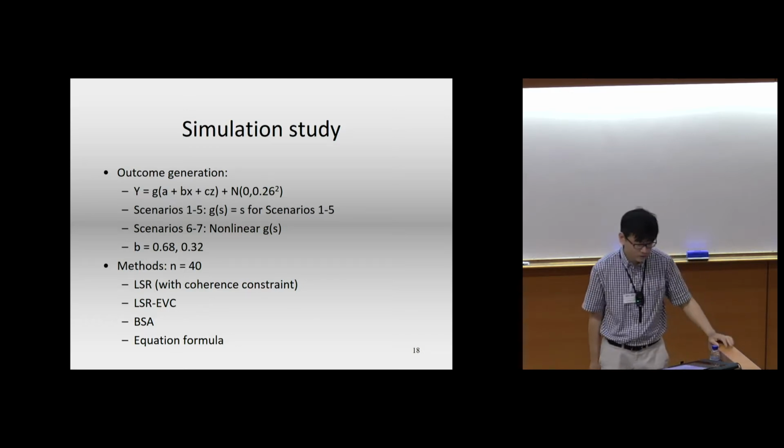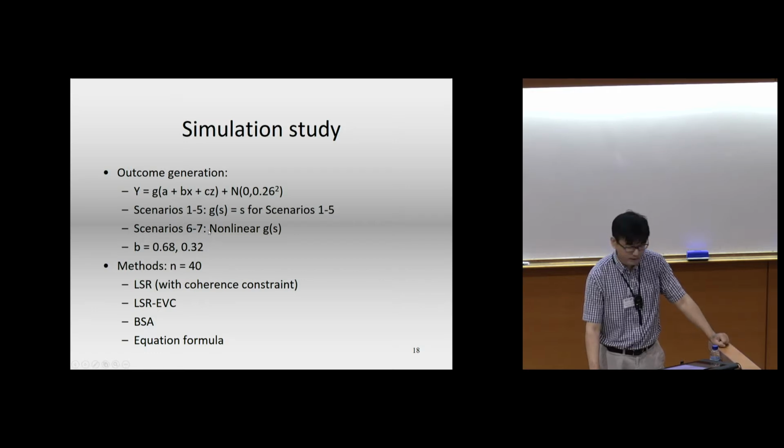We consider 7 different scenarios, actually 7 times 2, so 14 different scenarios, where y is generated according to this model. G is some sort of link function, and under scenarios 1 to 5, we have the identity link. Remember, the working model is a linear model, right? So under scenarios 1 to 5, the working model is also a correct model. Whereas under scenarios 6 and 7, G is something else.